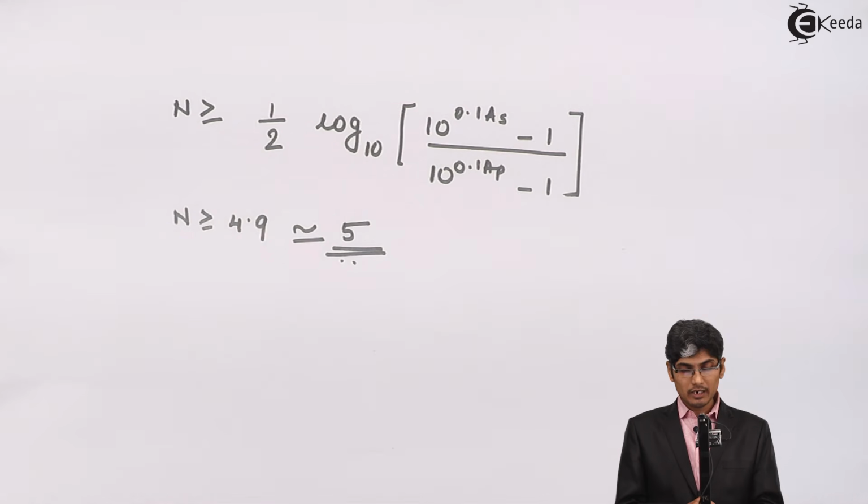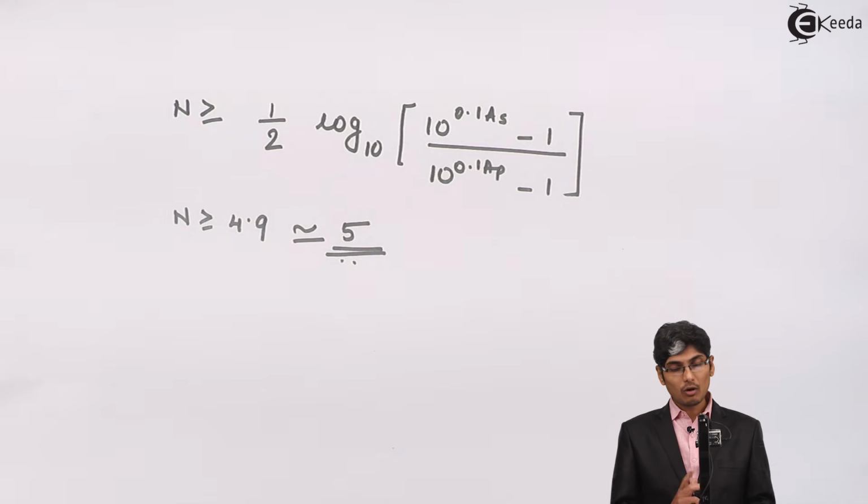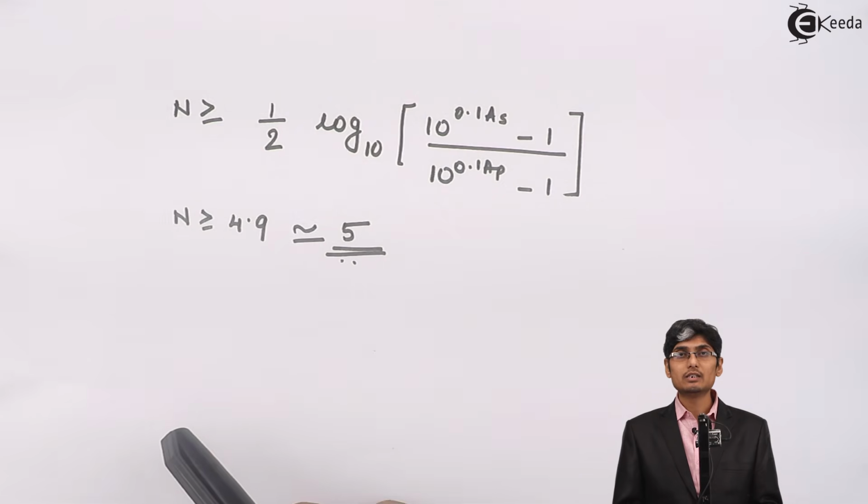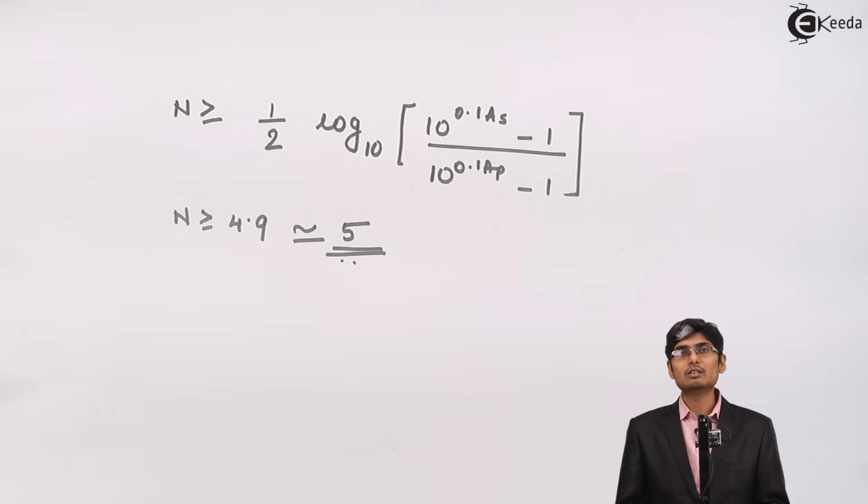This is the only change in the problem. Whenever we get decibel unit characteristics, the formula for order changes. The rest of the procedure remains the same as the other type of Butterworth filter design.